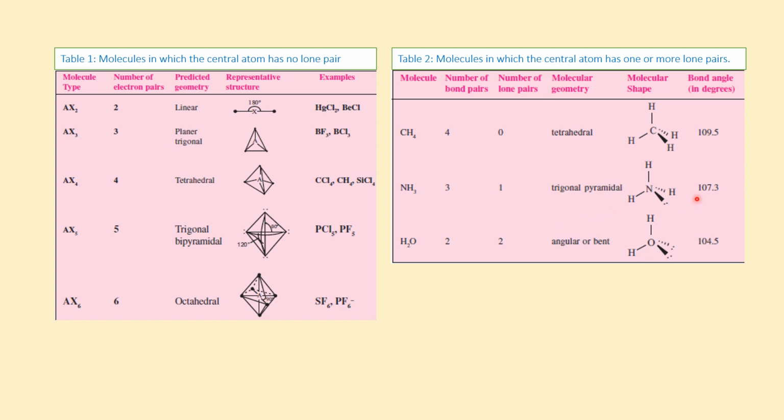The bond angle in this case is 107.3 degrees. Another example is H2O, where the number of bond pairs is 2 and the number of lone pairs is 2. The molecular shape is angular or bent, shown on the screen, and the bond angle is 104.5 degrees.